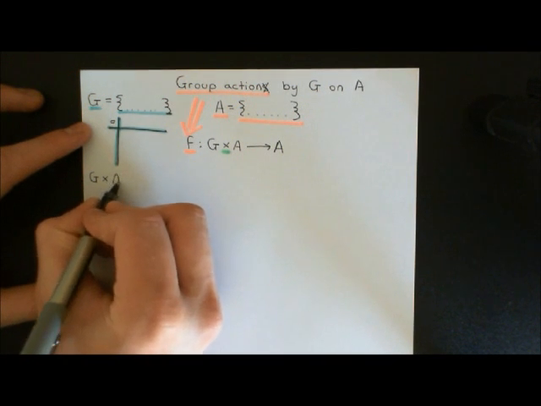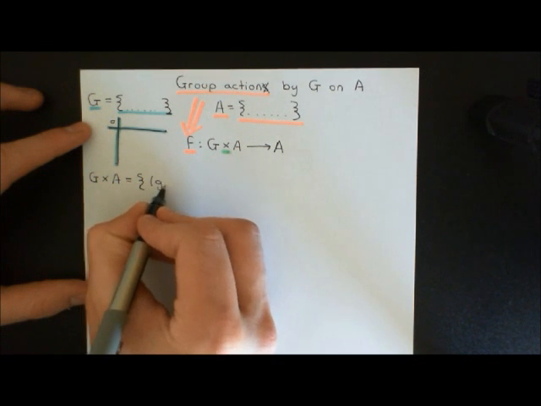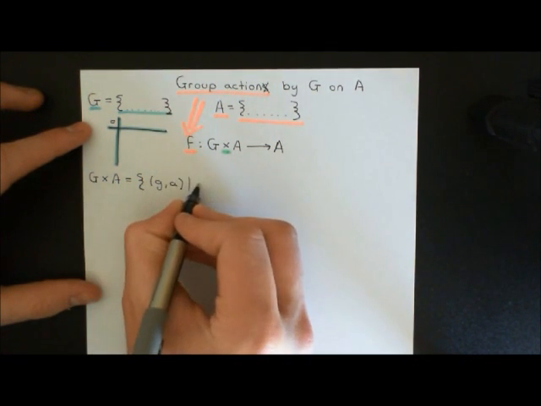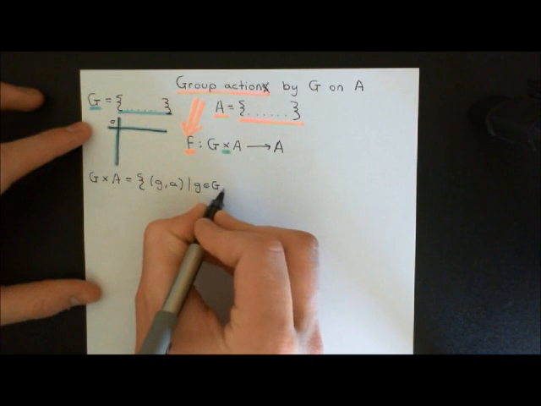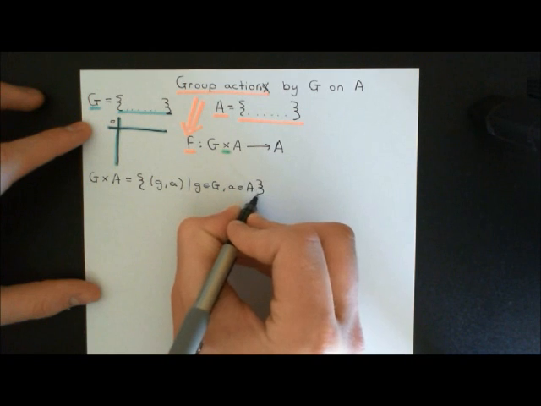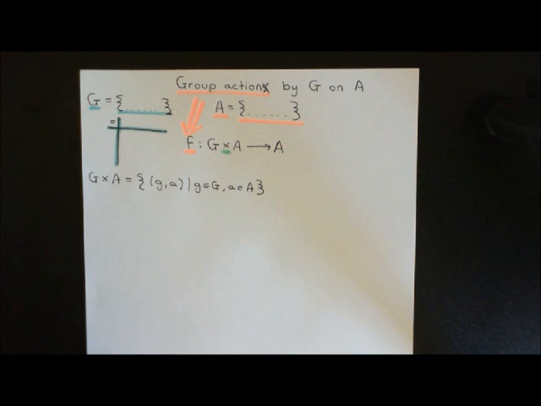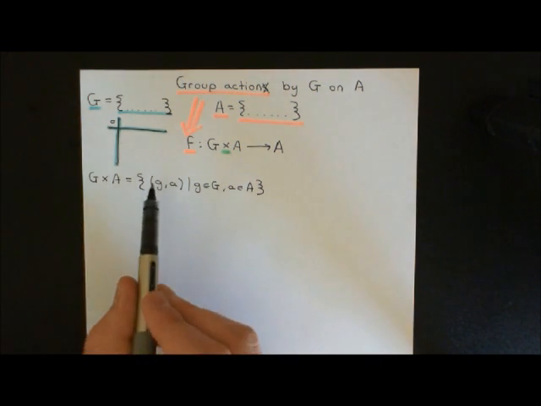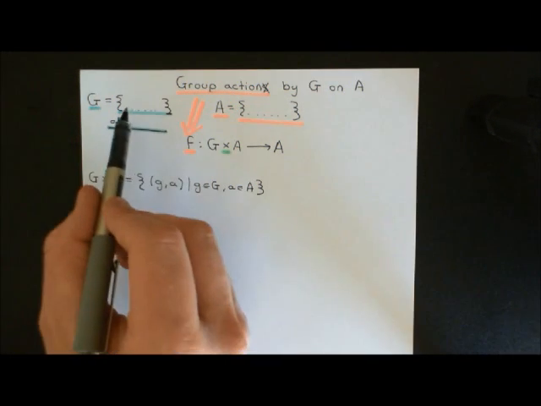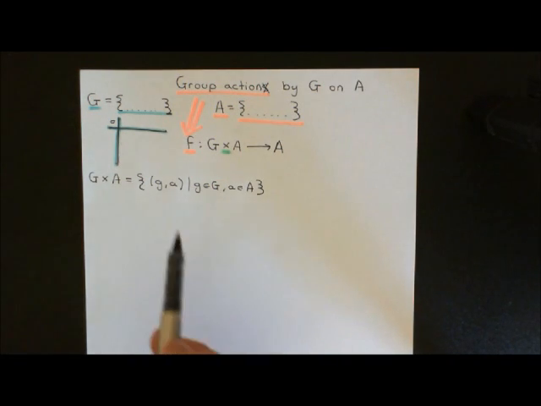G cross A is the set of all things of the form (g, a), where little g is an element of the group capital G, and little a is an element of the set capital A. So the Cartesian product means put into a set all the ordered pairs of elements from the set that underlies the group capital G and the set capital A. And that's what we mean by the Cartesian product.